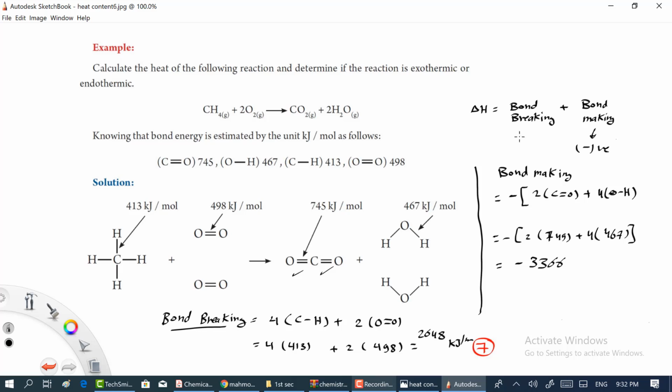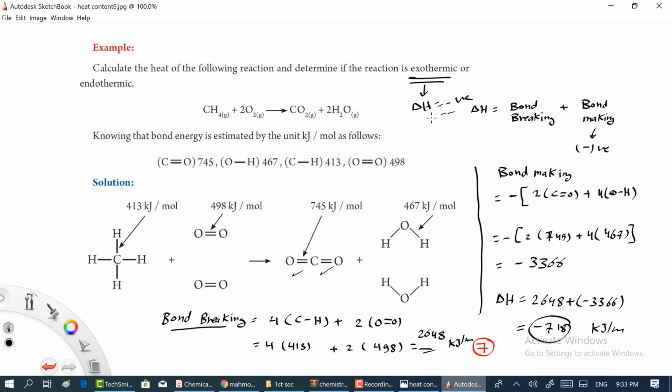According to the rule, delta H equals bond breaking, 2648, plus bond making, negative 3366, in kilojoule per mole. Calculated, it is negative 718. The total heat content has a negative sign, so the reaction is exothermic, as delta H is negative.